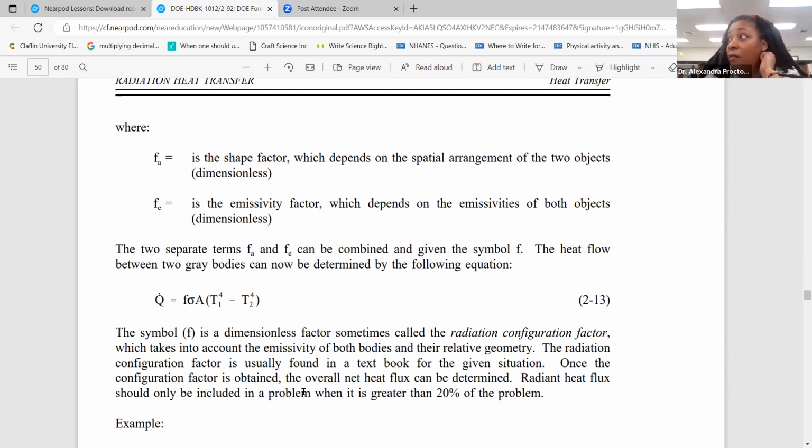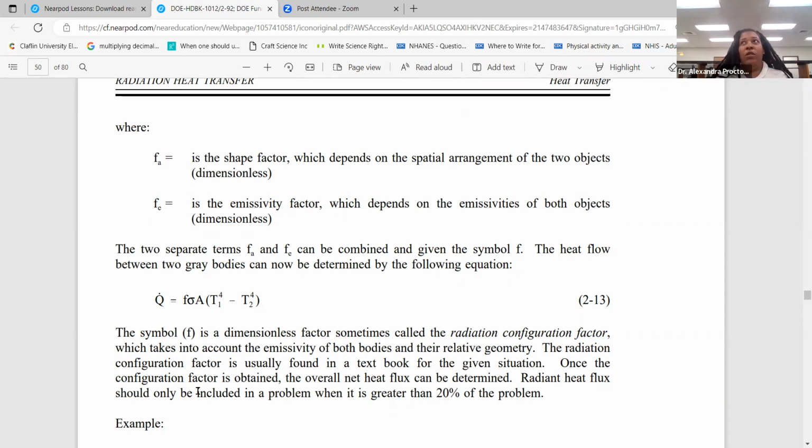We just talked about one example of geometry. Water has this sort of bent geometry in three-dimensional space. And the radiation configuration factor is usually found in textbooks for a given situation. So those are constants.